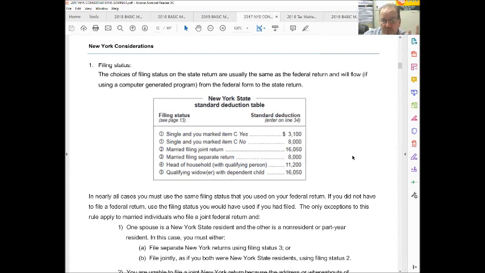Her income's greater than $3,100, so she's going to have to file. This is where we run into a lot of times with dependents, where they'll have a nice federal refund because they still have the standard deduction, but on the state, chances are they owe money. The way things work on the withholding tables for New York State, if your check per week is, say, $250 or less, they're not going to withhold any tax.